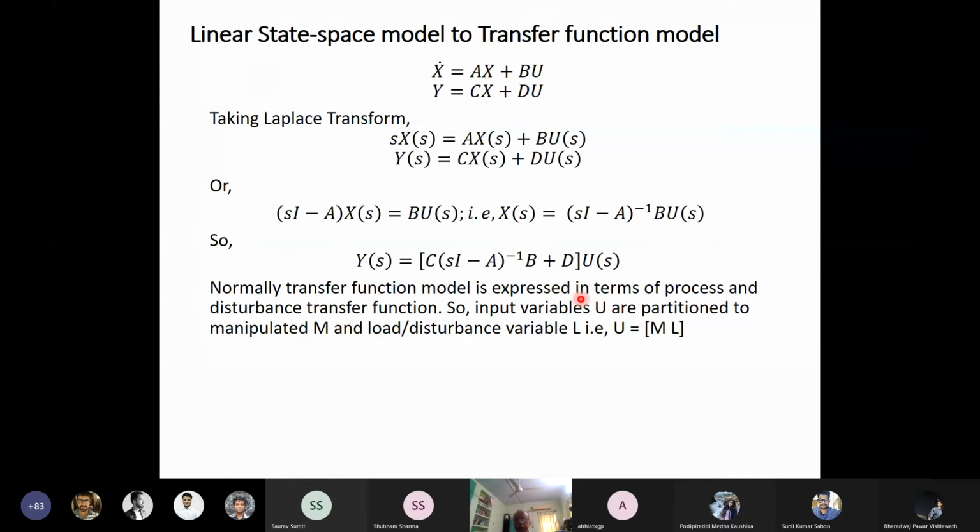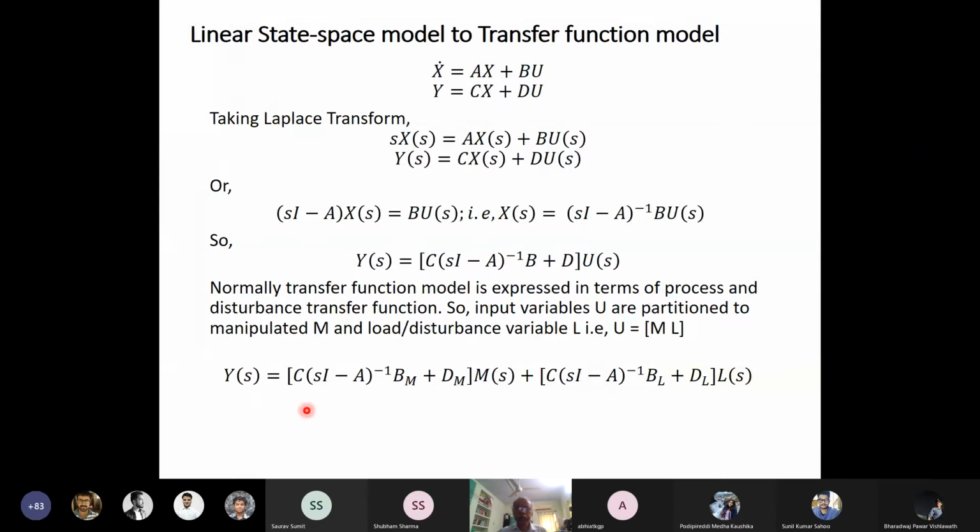The input variable u is now partitioned into the manipulated variable m and the load disturbance variable l, so I can write Y(s) is equal to C(sI minus A) inverse Bm plus Dm, times M(s), plus C(sI minus A) inverse Bl plus Dl, times L(s).